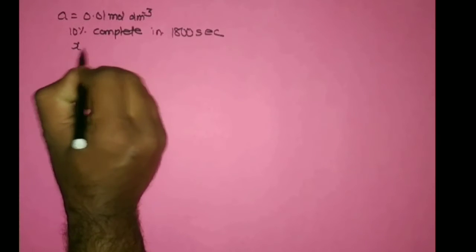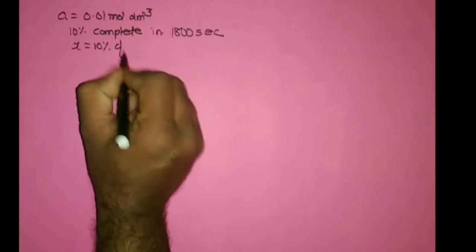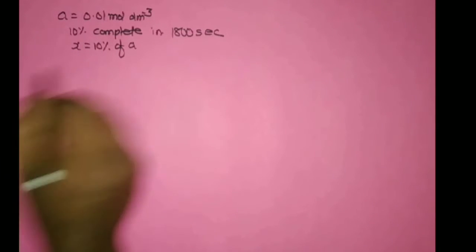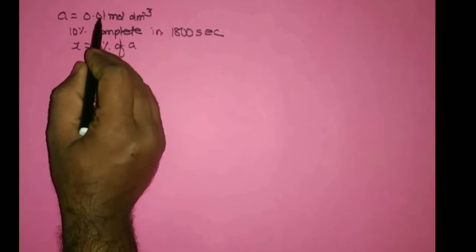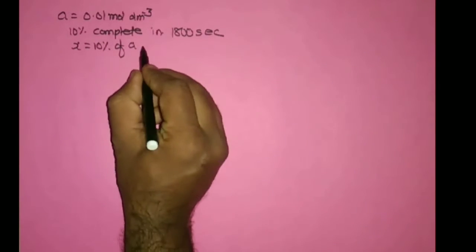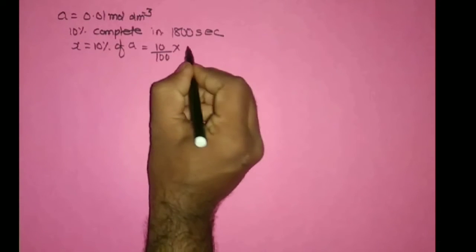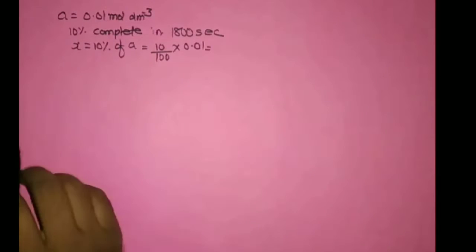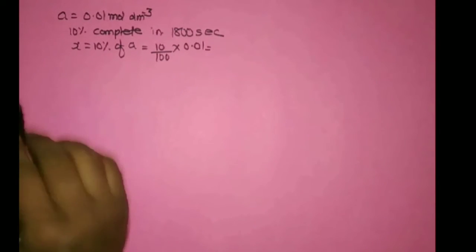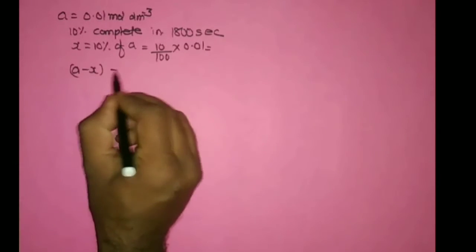So over here formation of product, we'll consider it as 10, that is 10% of a, because initial concentration is given. Every time we used to write only 10 because initial concentration is not given. In this case initial concentration is given, so this is 10 upon 100 into 0.01. So we can calculate the value for this. This is the value for x. Also we can calculate the value for a minus x.